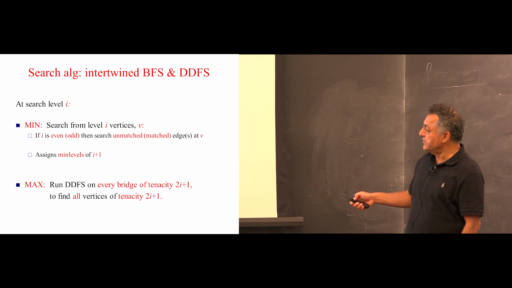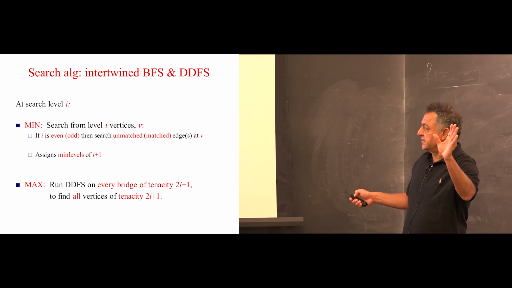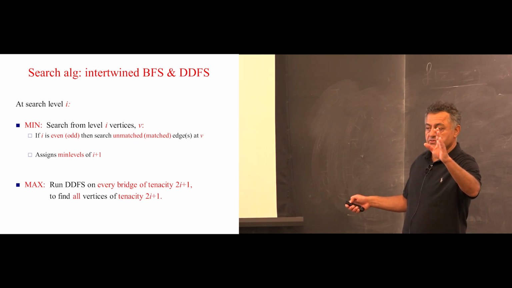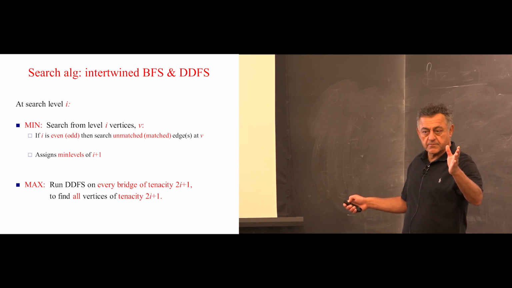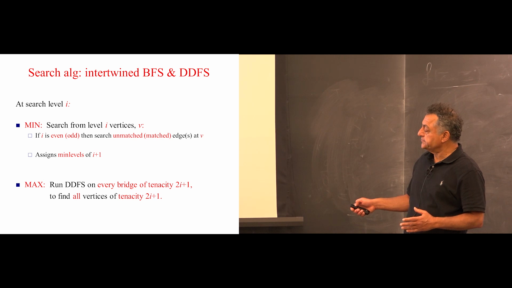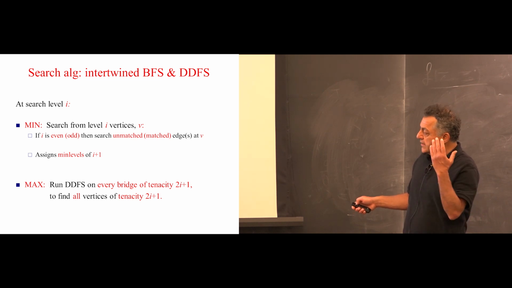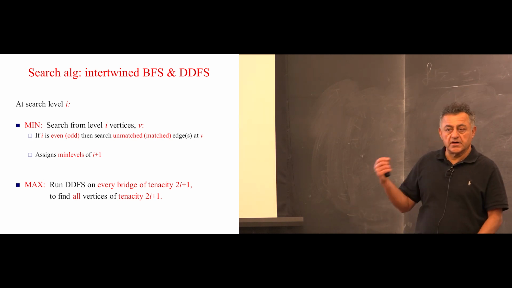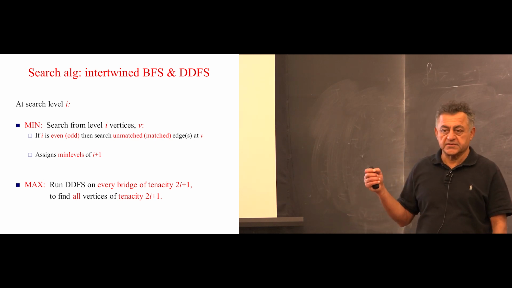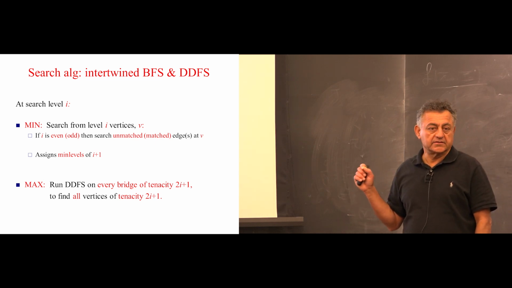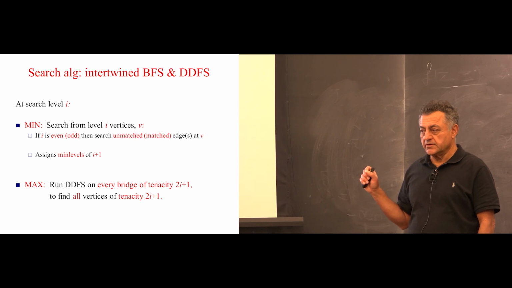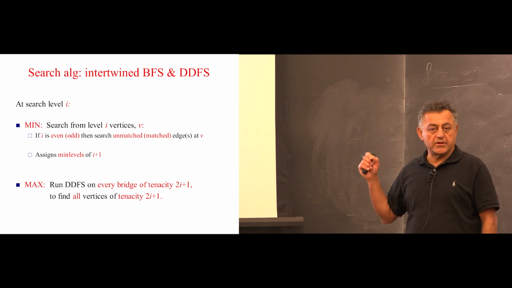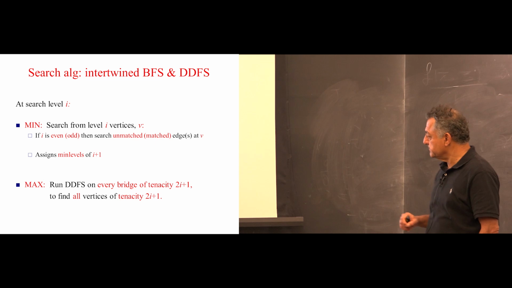And when i is even, you look along unmatched edges incident at v. When i is odd, you look at the matched edge, the unique matched edge incident at v. And you assign a min level of i plus 1 to the other endpoint, if it is unassigned. If there was no label on it, then you have visited it for the first time and you assign it a min level of i plus 1.